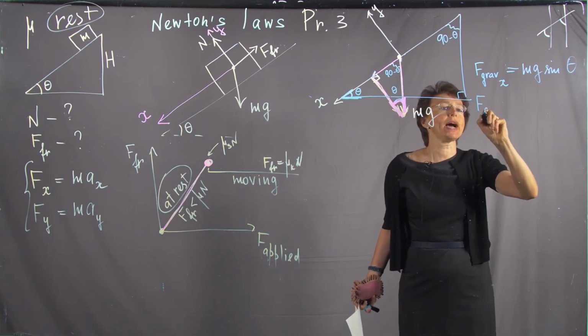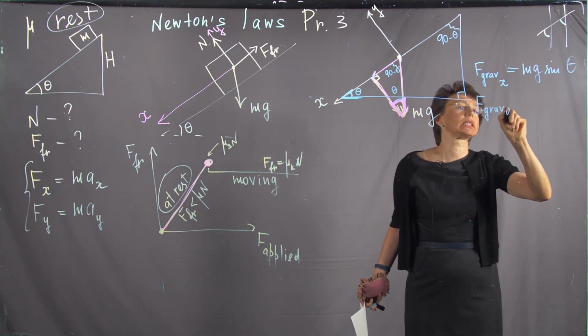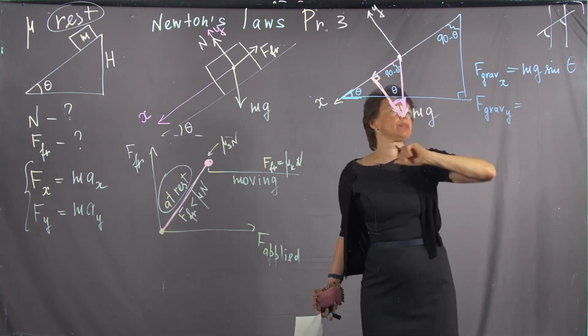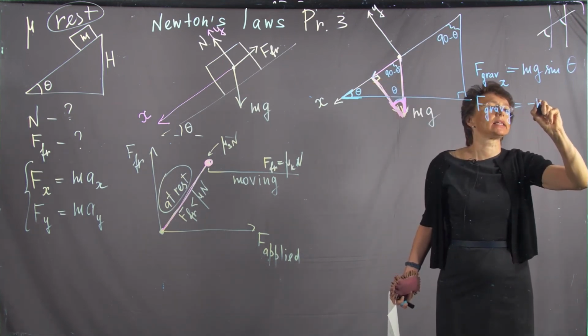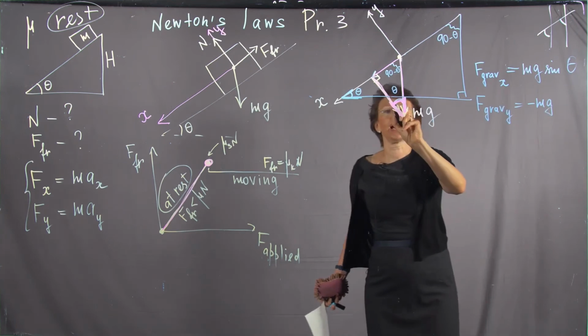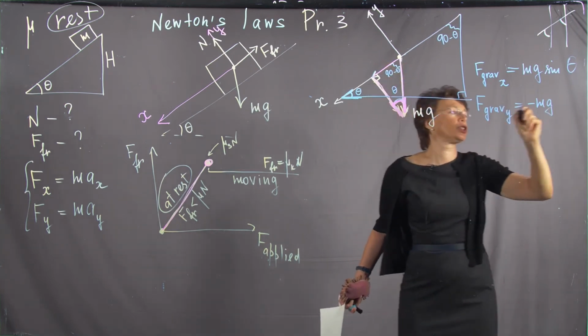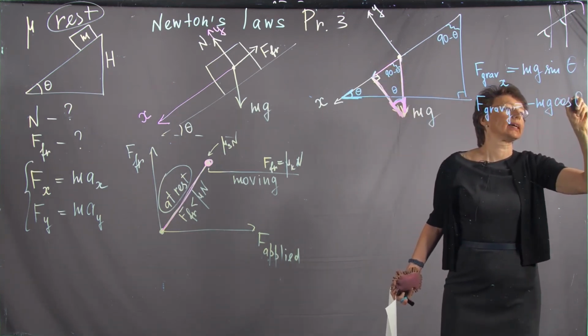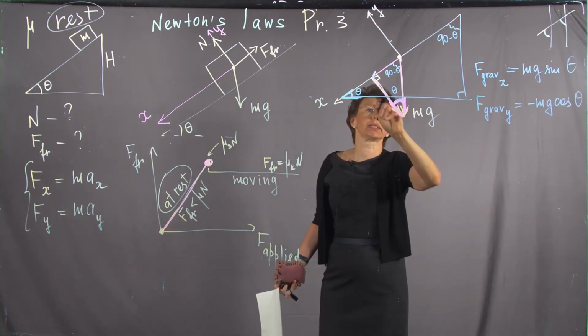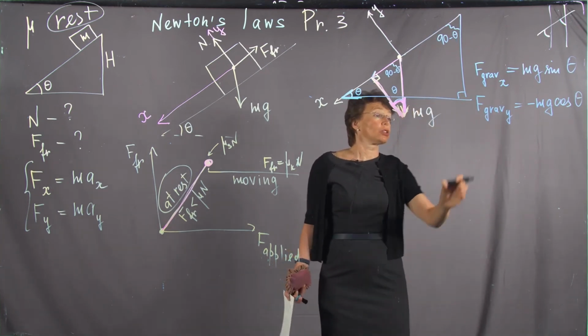And y component of force of gravity is negative, and it is minus mg times cosine of adjacent angle. This one is now adjacent to y component.